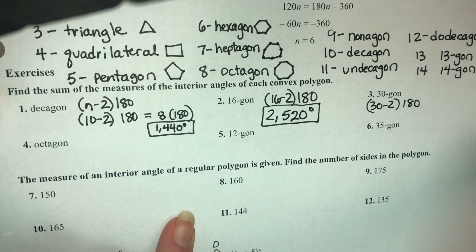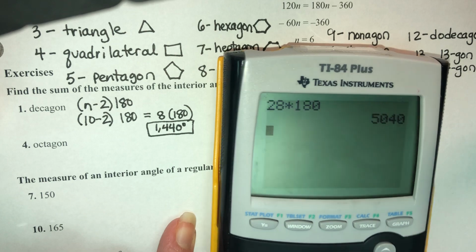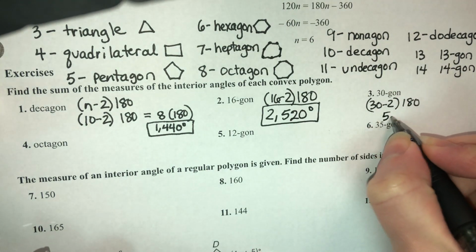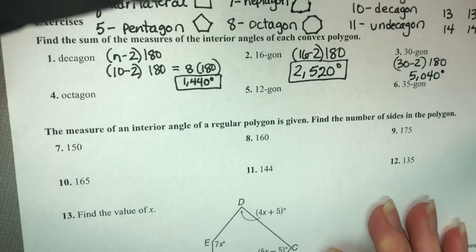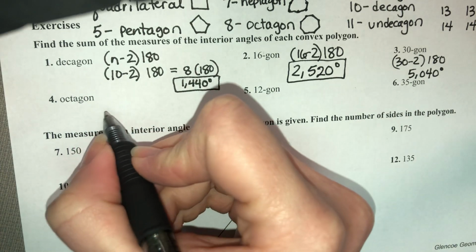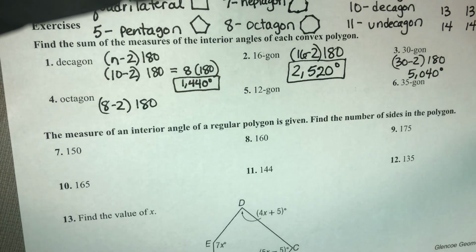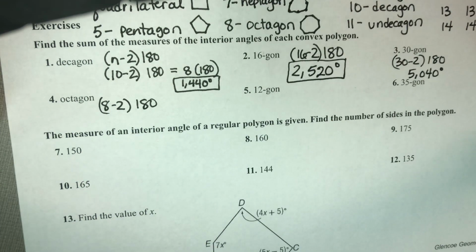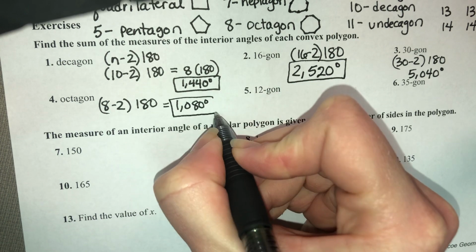So that's going to be 28 times 180, which is 5,040 degrees. And then for the octagon, that's 8 minus 2 times 180. So that's 6 times 180, which is 1,080 degrees.